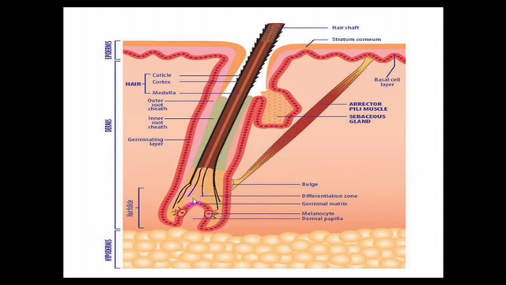Okay, and the matrix is represented by stem cells. The proliferation of these matrix stem cells accounts for growth of the hair. These stem cells are homologous to the stratum basale of the epidermis, and the stem cells are present even in bald individuals.